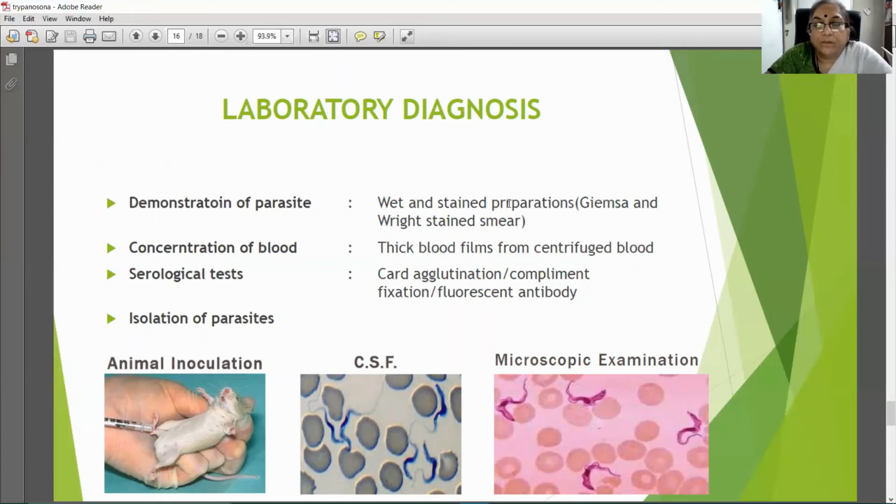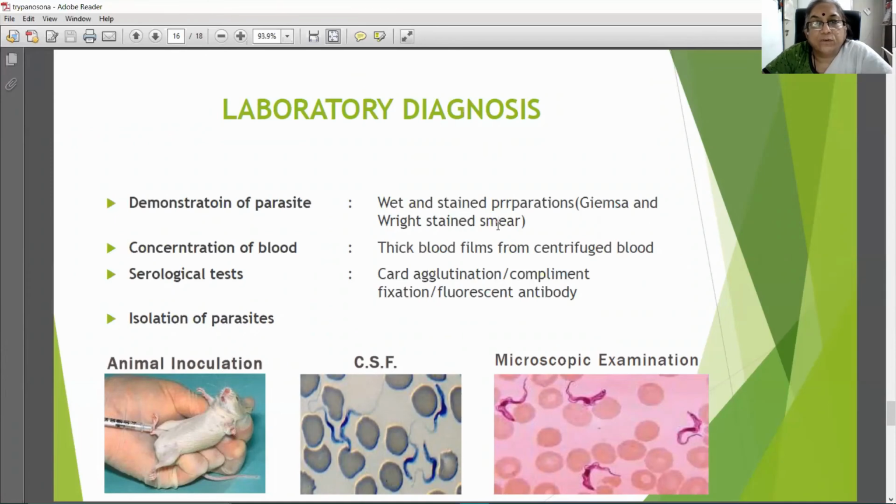So you will see that there is going to be this type of trypanosomes, trypomastigote forms, seen in the microscopic examination.